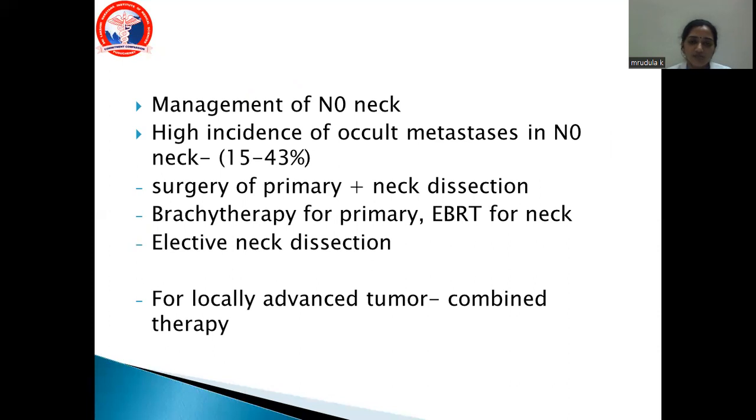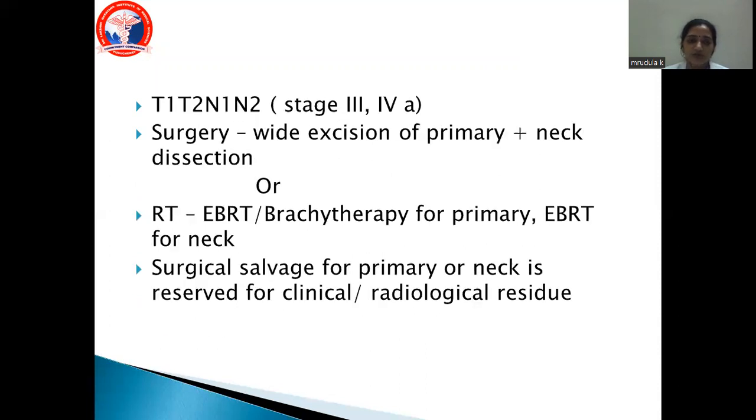There is a high incidence of occult metastasis in the N0 neck, with an incidence of 15 to 43%. So you have to do the surgery for the primary, and you have to go for neck dissection. Brachytherapy for primary can be done, and EBRT for neck can be done, or elective neck dissection can also be done. For locally advanced tumor, combined therapies can be done.